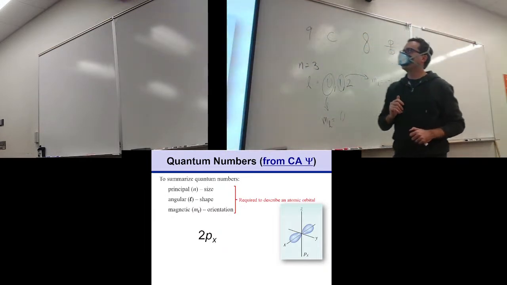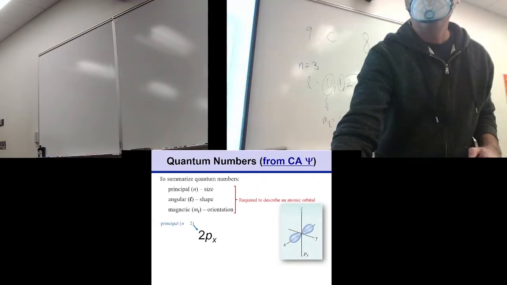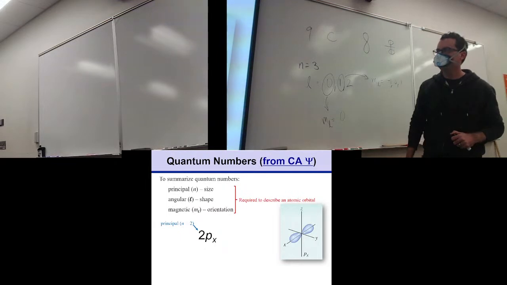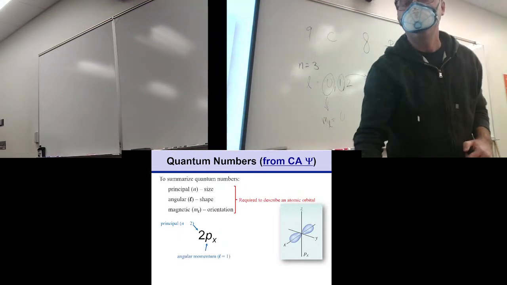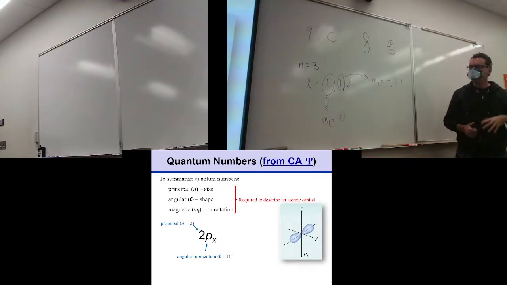What are the quantum numbers that correspond to that subshell? Well, n is going to be 2, because that's the number of the shell. L is going to be 1, because that's the number for a p orbital.